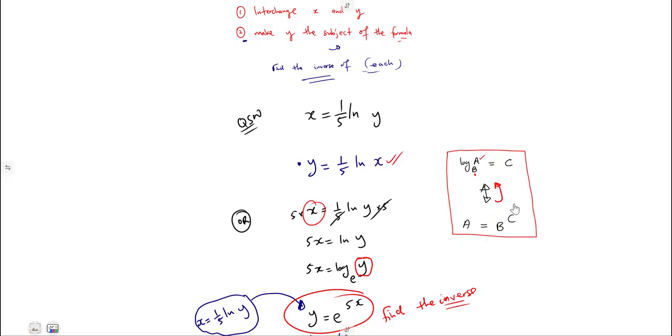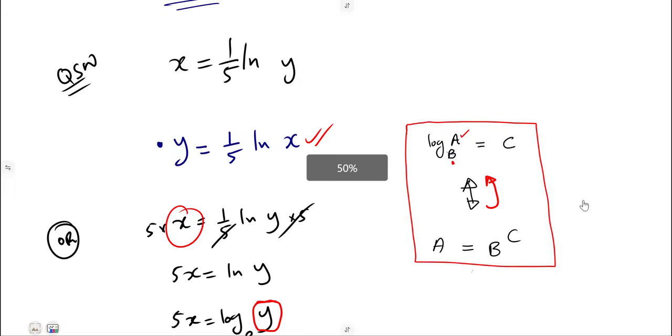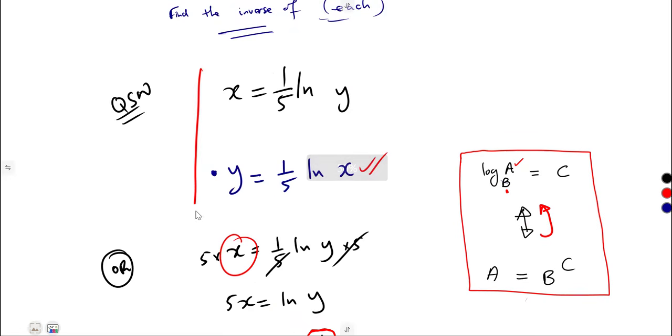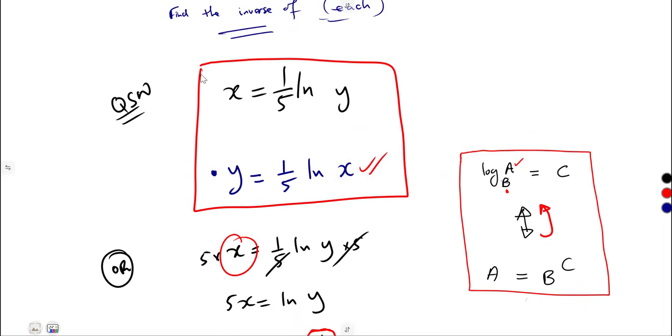But it could have been done directly here. As you interchange x and y, you make y the subject. But y is already the subject, so there's nothing that we're going to do from there. Because what we want is to make y the subject. So as y is the subject, that's our inverse function. Just like that.